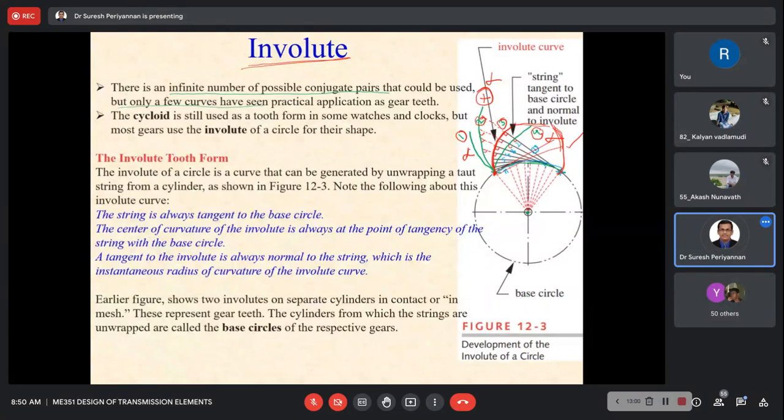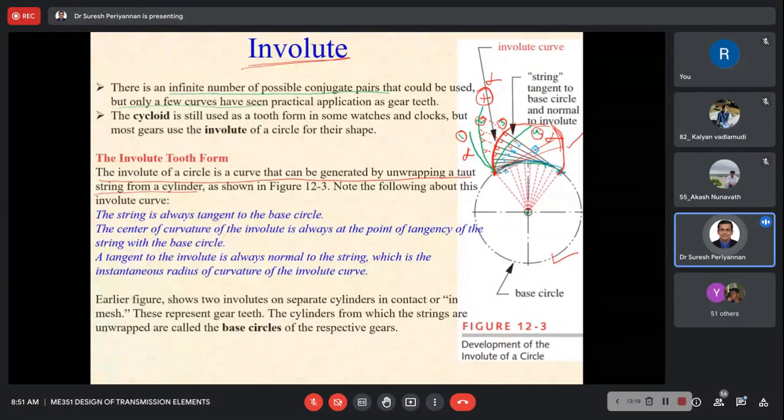See the involute tooth form. The involute of the circle is a curve that can be generated by unwrapping a taut string from the cylinder. The cylinder means nothing but the base circle. I'm considering multiple taut strings, which are tangential lines to the base circle of the gear.